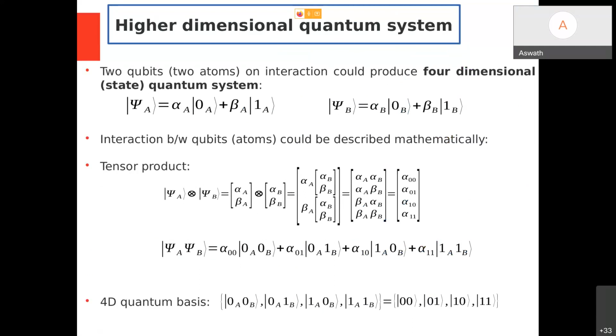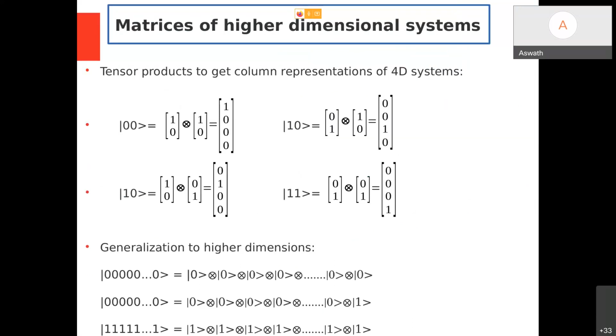The only confinement is that you have to restrict the atoms to exist in the quantum regime, meaning multiple states. Okay, so this is a matrix interpretation of how a high dimensional quantum system would look. I'm not getting too much into this, so it's a simple interpretation.